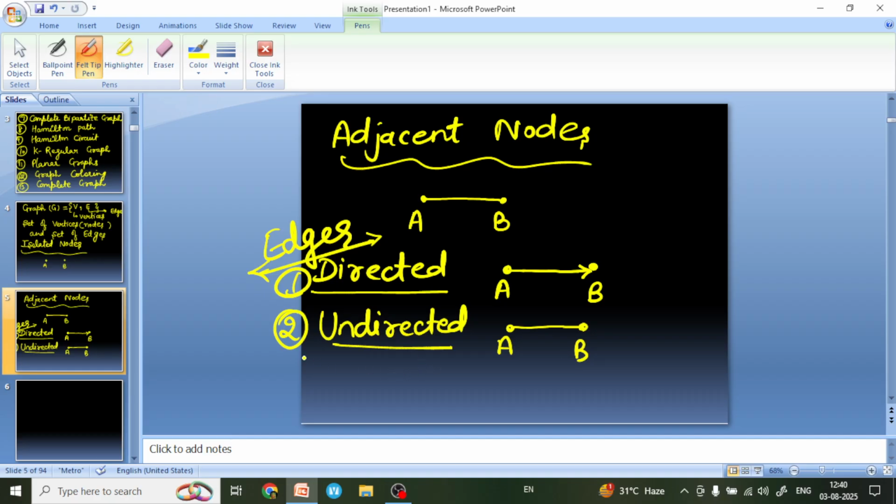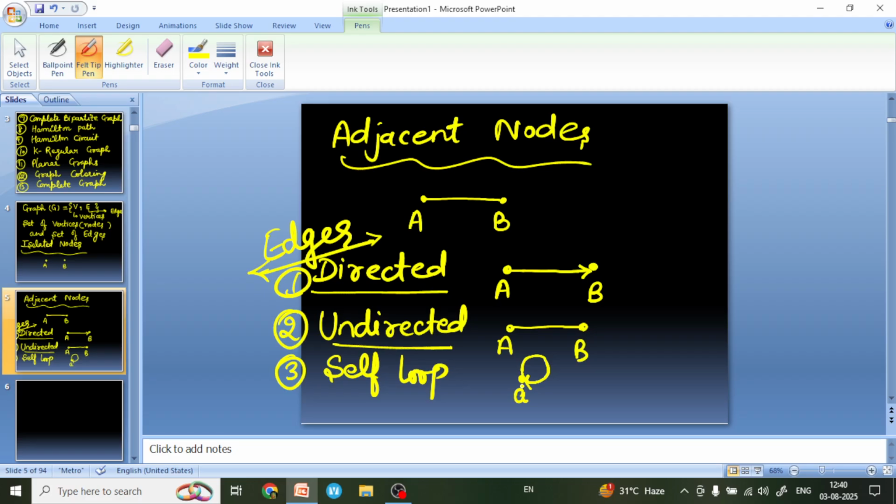Now next type is self loop. This is also a type of edge. Self loop means, for example, you have given vertex A. When we draw an edge like this, this is known as self loop.